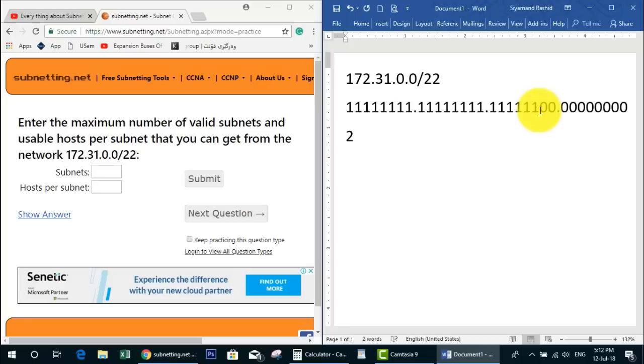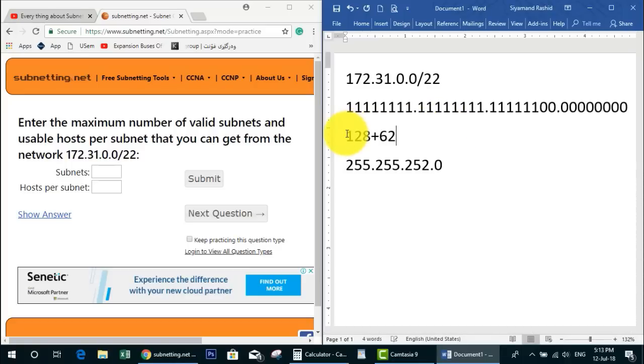So 255, 255, and then 252.0. So the third octet equals 252. How do you know that? You have to do a calculation.